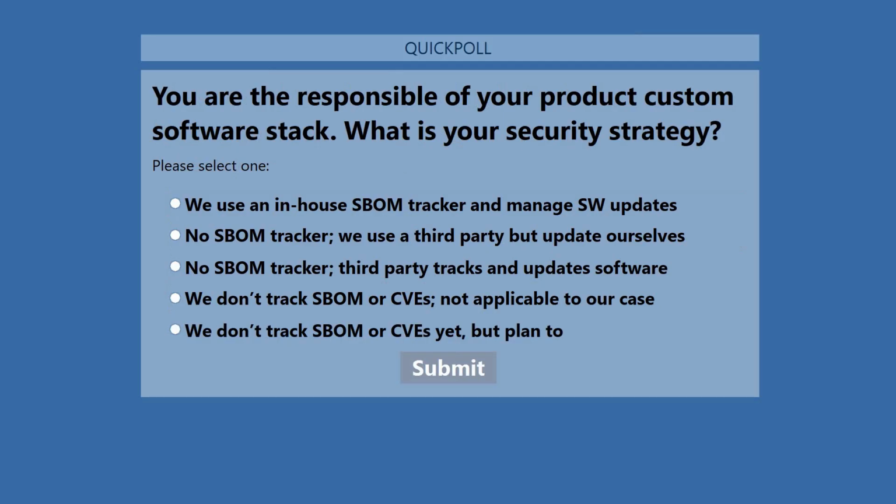The third one is when SBOM tracking and software updates are delegated to a third party. And the last two options are when you are not doing SBOM tracking yet, you may not need that at all, but you may also think about doing that in the future because it's going to be important very, very soon.